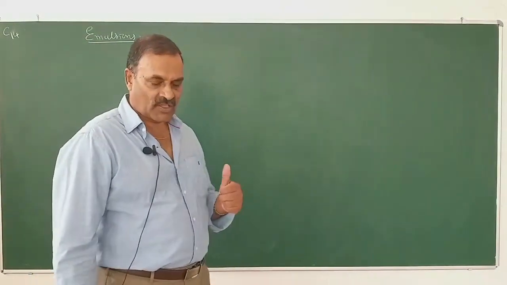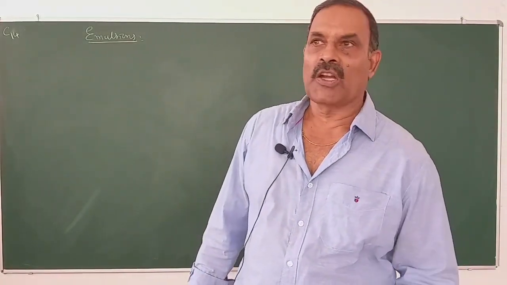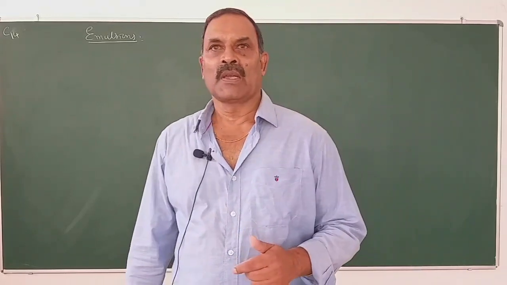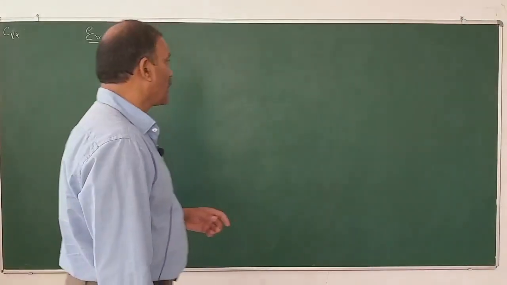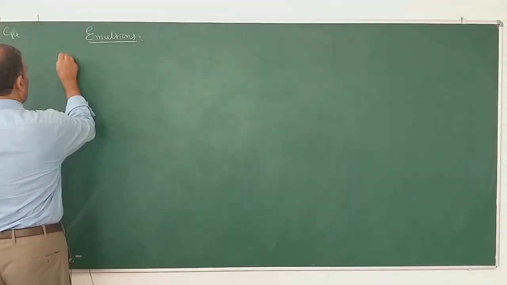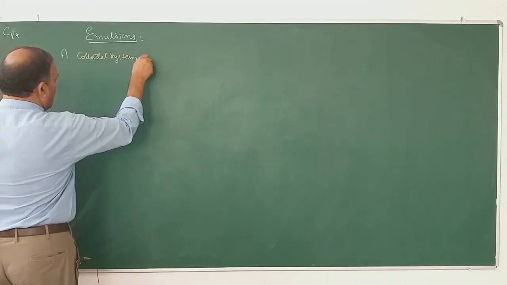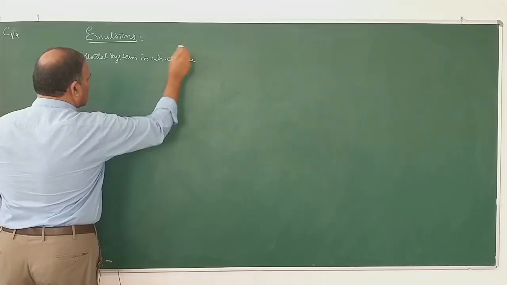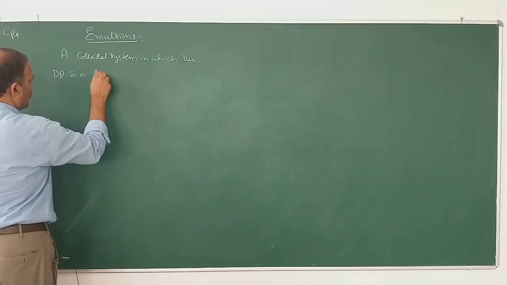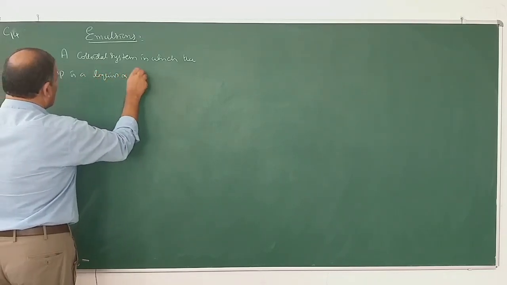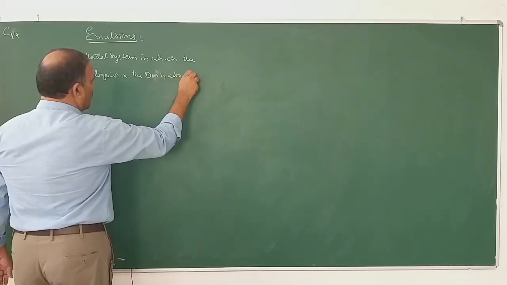So now we will study what are emulsions. I have already defined what an emulsion is: a colloidal system in which the dispersed phase is a liquid and the dispersion medium is also a liquid.